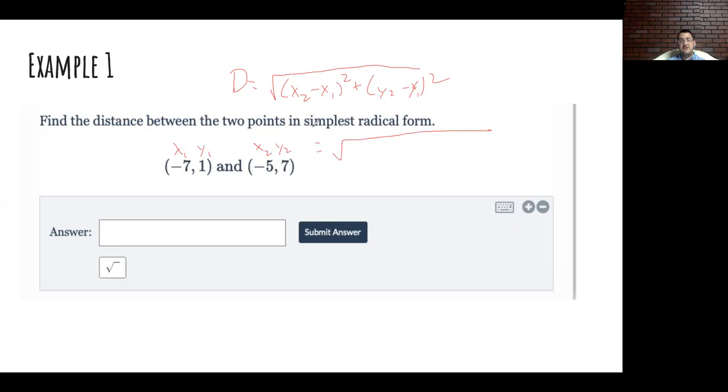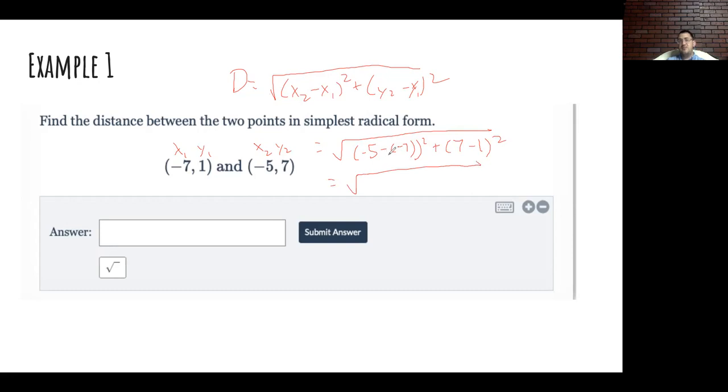My x2 is -5. So I have -5 minus a -7. Always be careful with what's inside of a parentheses and the change of signs. That's a common place where people make mistakes, but if you are staying true to PEMDAS, you will be in good shape. And then my y2 is 7, and my y1 is 1.